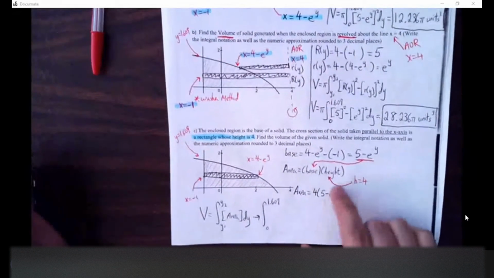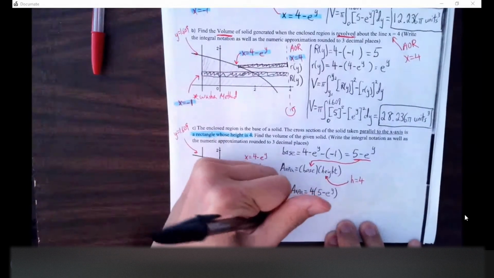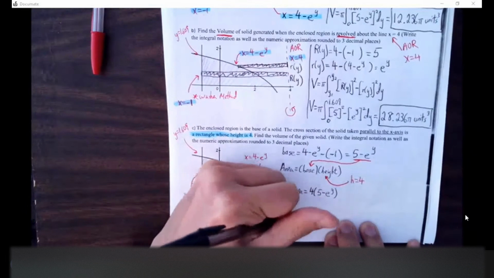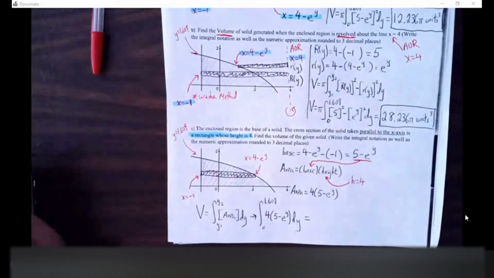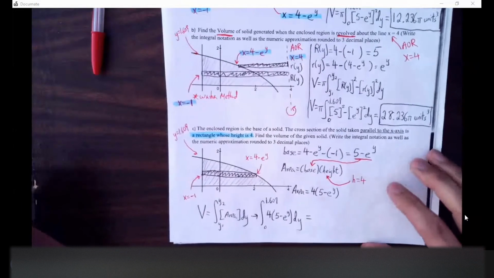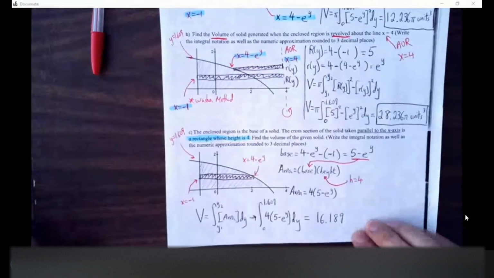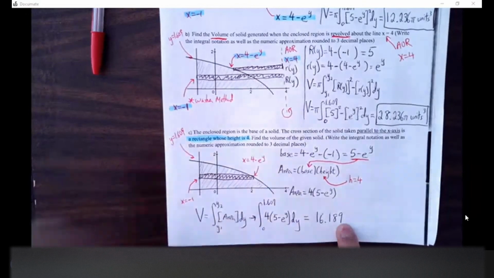We'll insert our area expression into this space. Enter all this into the calculator. And we should get 16.189. No pi, no rotation, no circles involved. So we just end here and say units cubed.